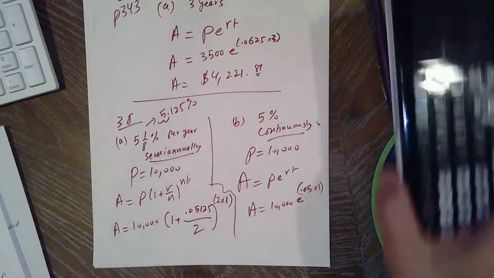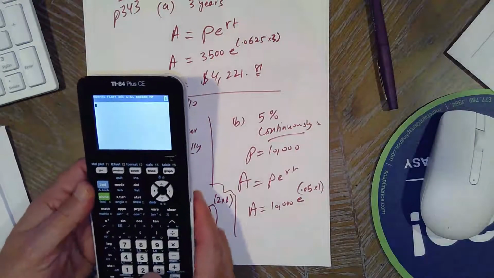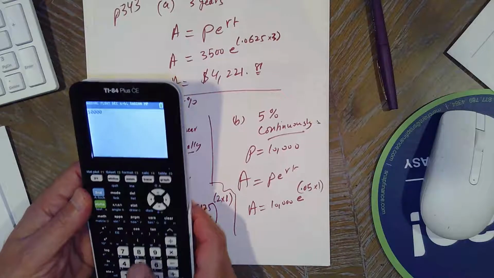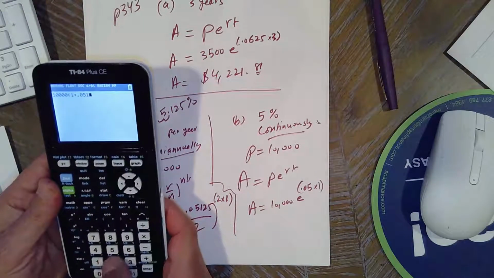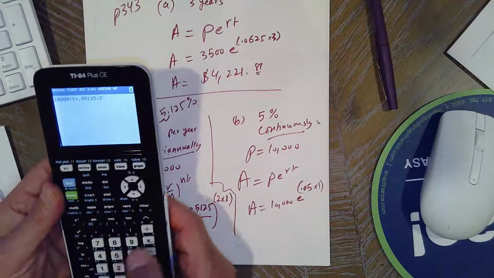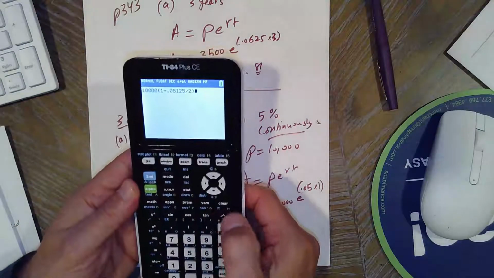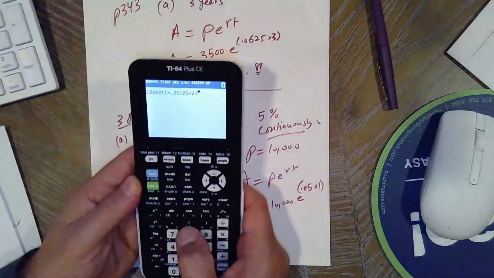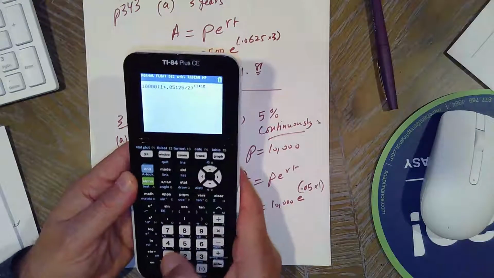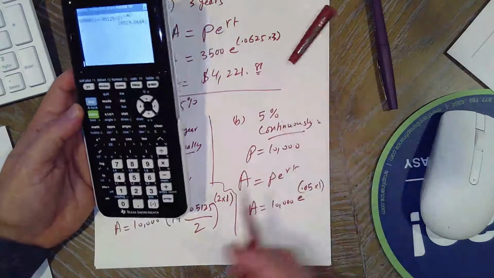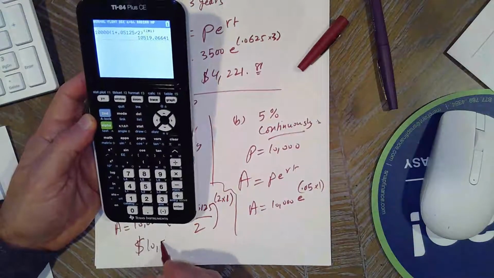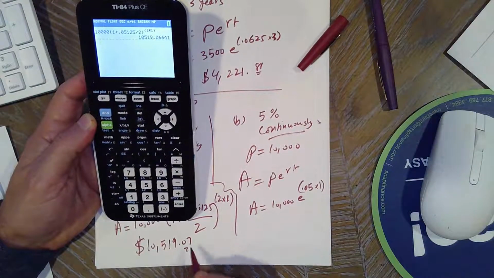So if you put that in your calculator, each one of them, 10,000 times 1 plus 0.05125 divided by 2 to the power 2 times 1. That one gives me $10,519.07.